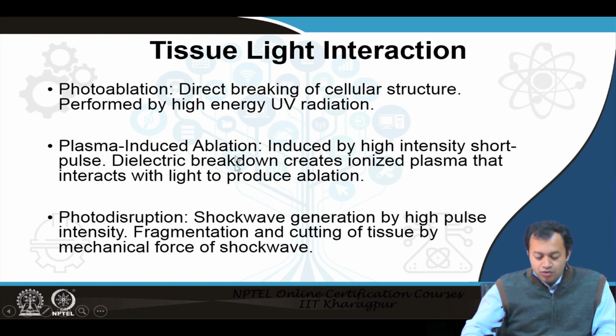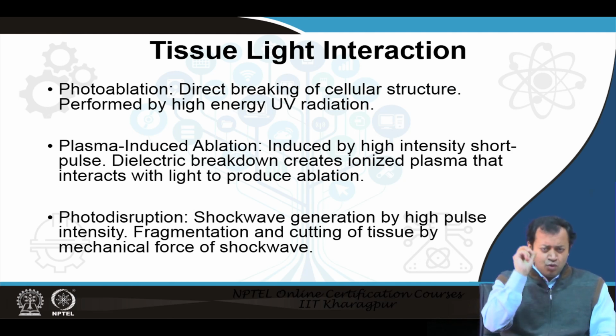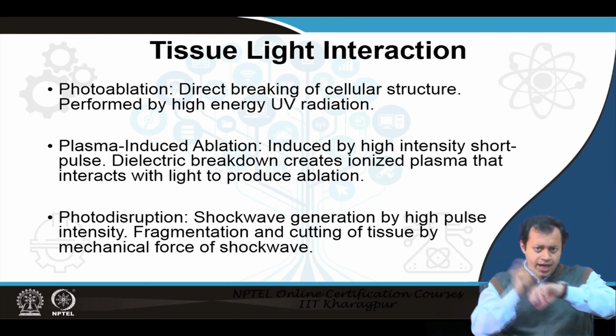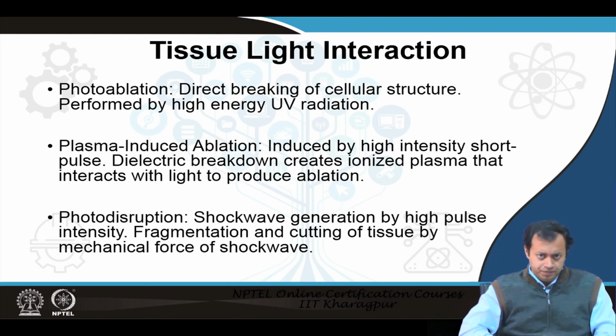Plasma induced ablation usually happens when a very short pulse of light, a femtosecond pulse or picosecond pulse, with a huge power, say 10 to the power 11 watt or 10 to the power 7 watt, for a very, very small period of time, hits a specific area of your tissue.